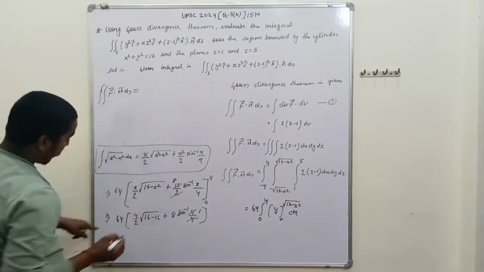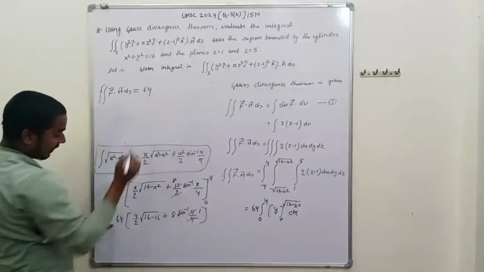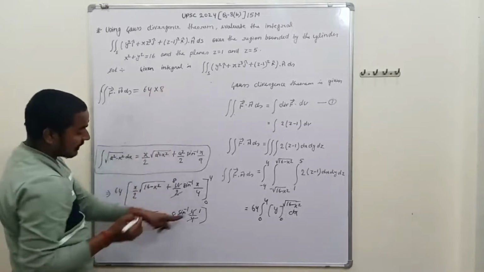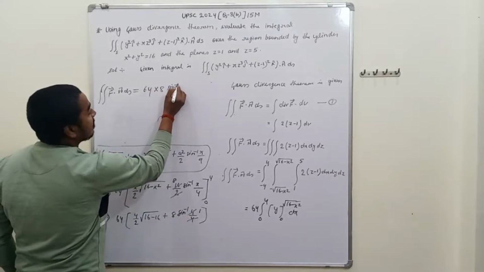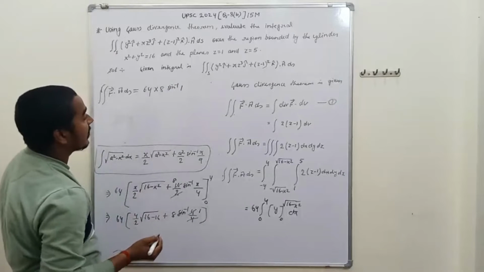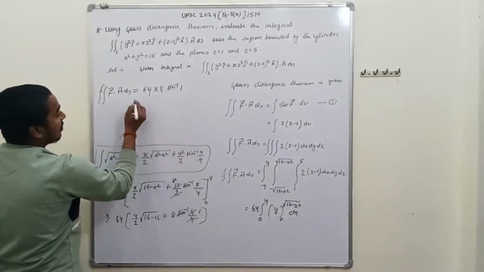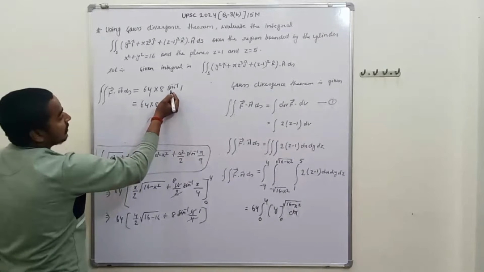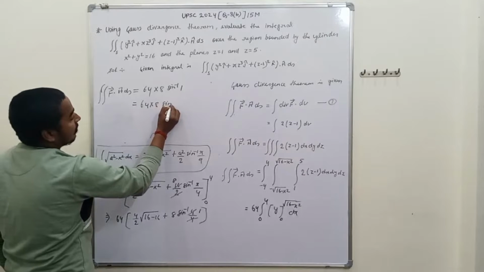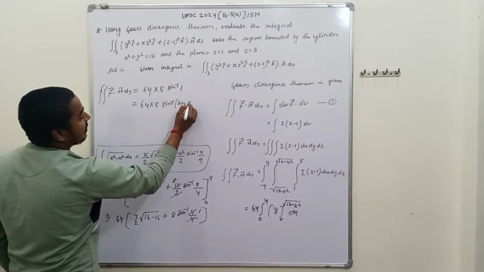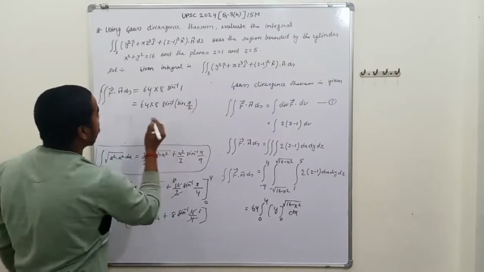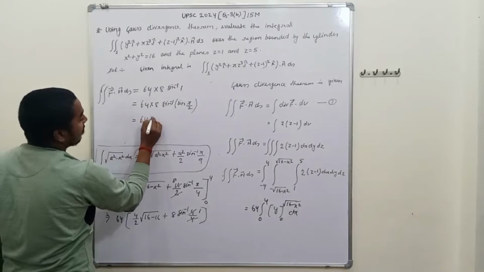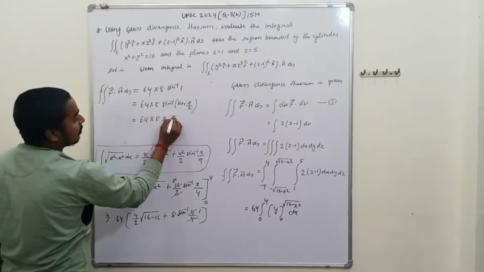It is equal to 64, and since the other function is 0, this is 8 sine inverse of 1. Sine 90, that is sine pi by 2, has the value 1, so sine inverse of 1 is pi by 2.